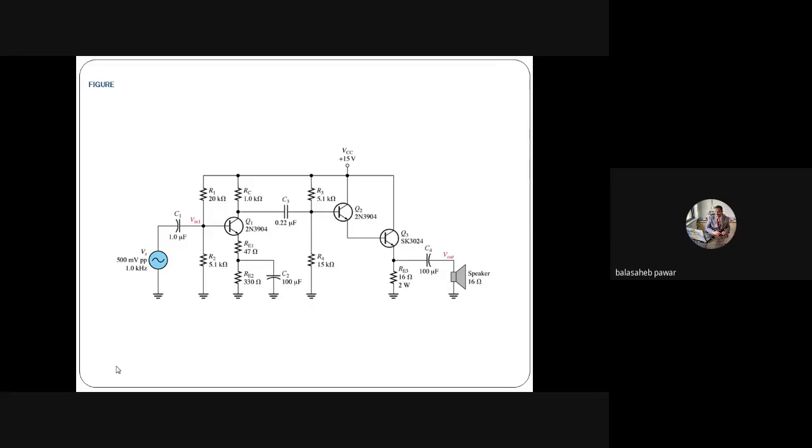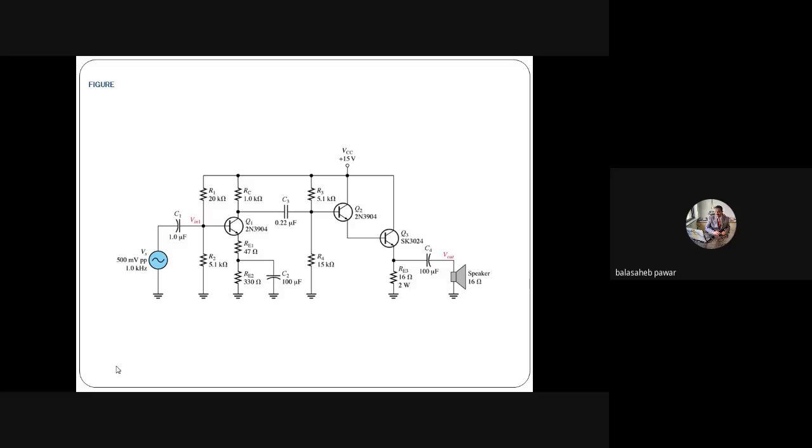Okay. Now we have to locate the operating point practically. Consider that the operating point is set exactly at the center of the DC load line. Just draw it at your end.